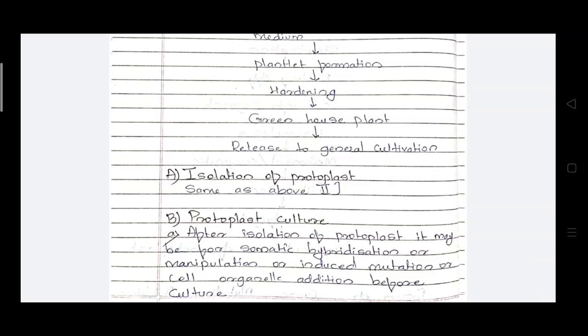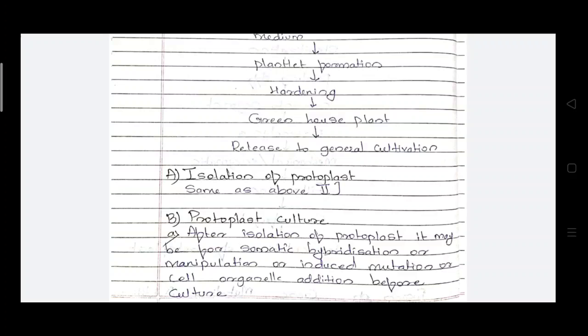So this is all that happens in protoplast culture. The first part is the separation of protoplast, the second part is the treatment of this protoplast, and the third part is the inoculation and incubation of this culture.